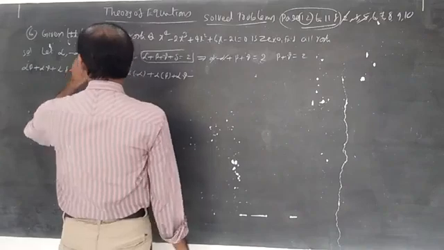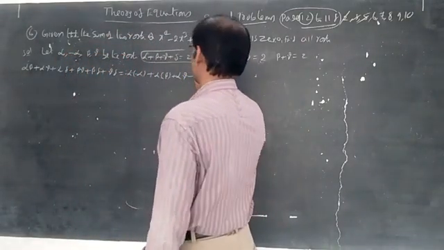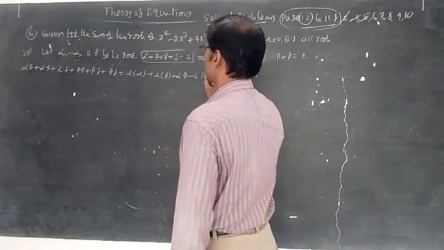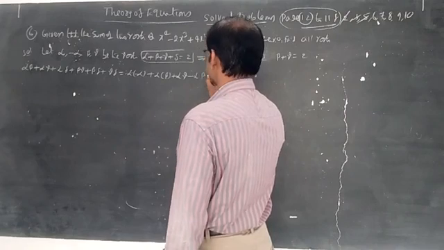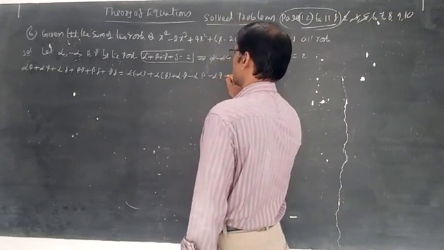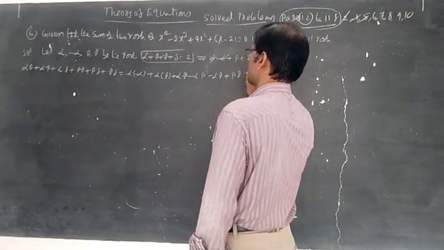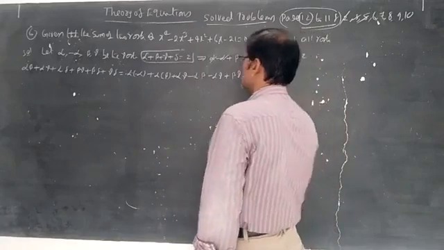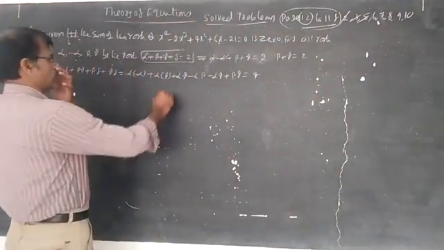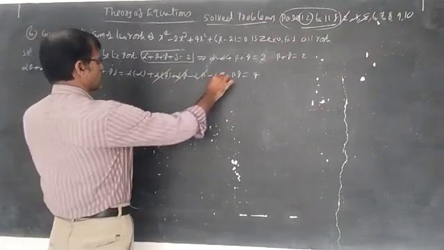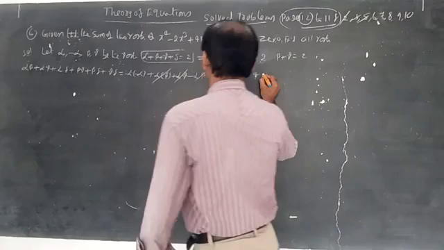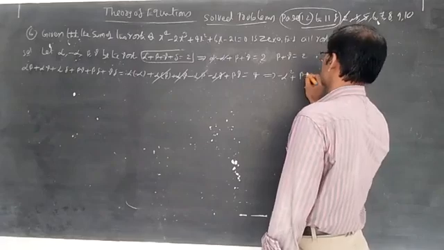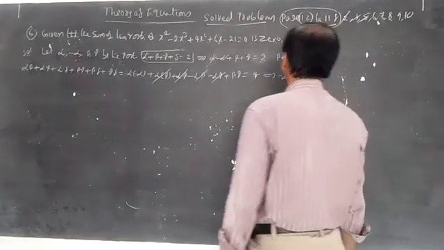Now beta delta means minus alpha beta, beta gamma, and minus alpha gamma, gamma delta means minus alpha gamma, plus beta gamma is equal to 4. Now alpha beta plus minus get cancelled, alpha gamma plus minus get cancelled. So minus alpha square plus beta gamma equal to 4.